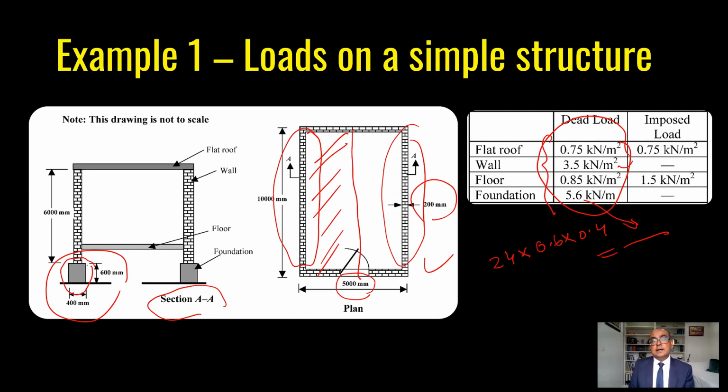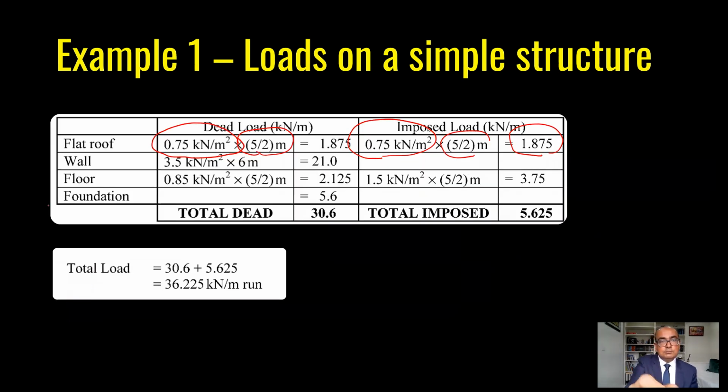Here I'm assuming that thickness is already included in the 3.5 kilonewton per meter square. The other dimensions are the height of the wall and the length of the wall. I will not multiply with the length of the wall, because that's what I want. I will multiply it with the height of the wall. The height of the wall is 6, and we get 21 kilonewton per meter. The wall does not have any imposed load.